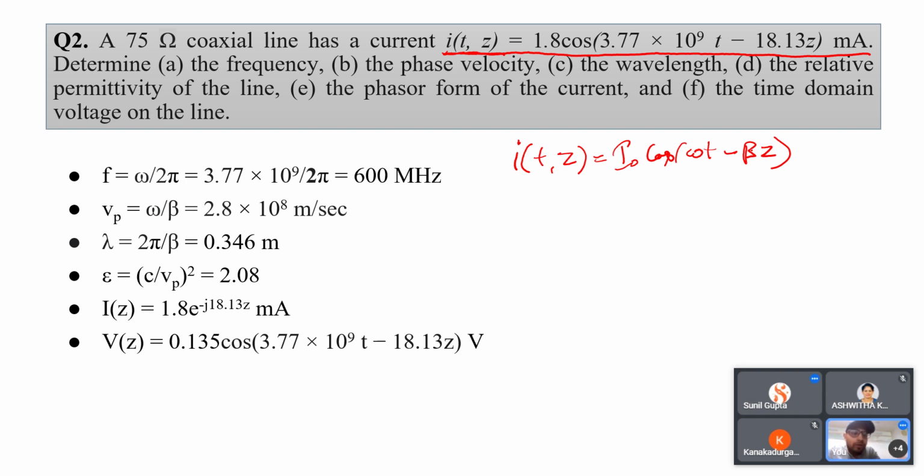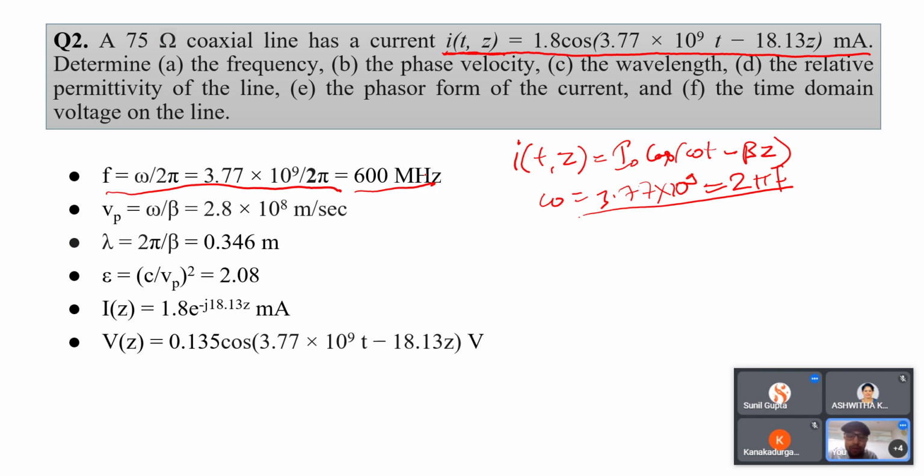After equating, we find that omega is 3.77 into 10 raised to the power 9. This equals 2 pi f. From here you can calculate the value of f, which equals 600 megahertz.